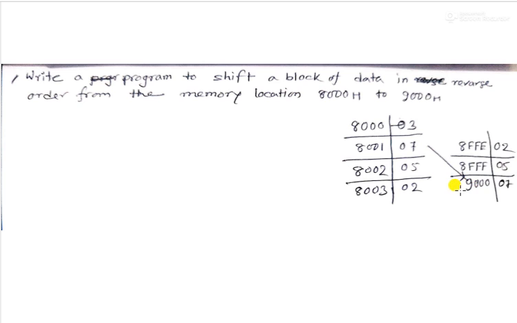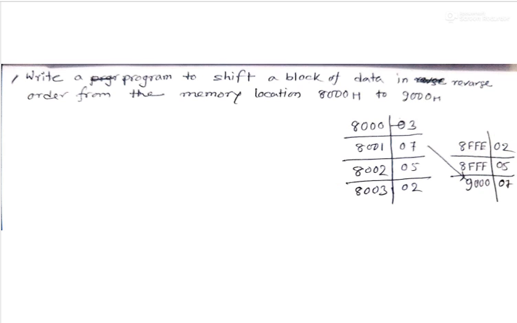That means 9000, then 8FFF, then 8FFE. That means 8001 content goes to 9000, 8002 content moves to 8FFF, that is 05. Then 8003 content moves to 8FFE, that is 02.